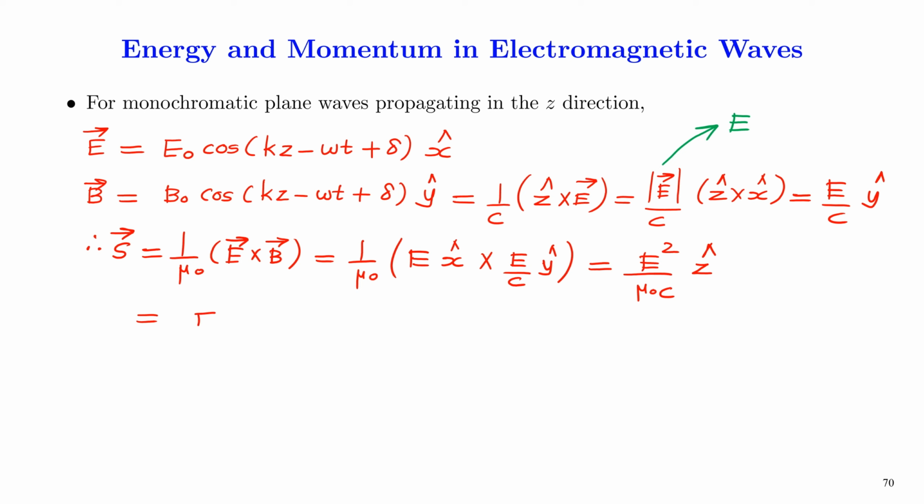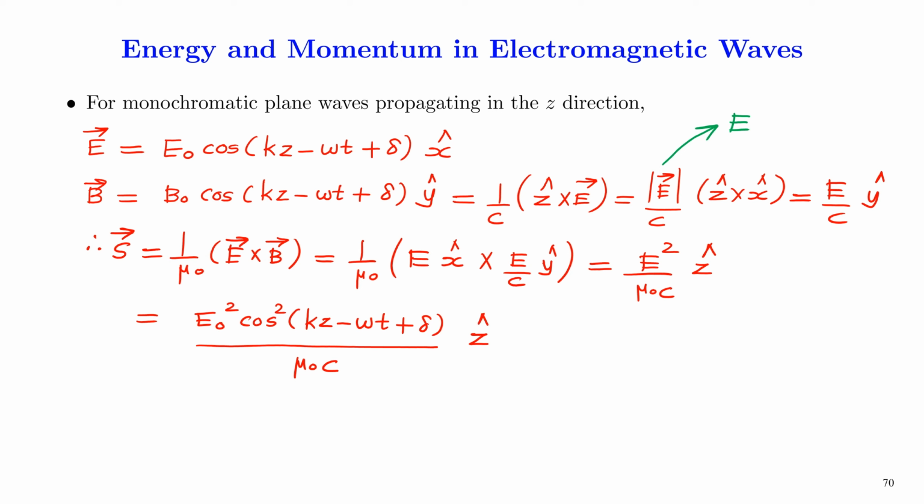This is equal to E0 square cos square (kz minus omega t plus delta) over mu 0 c along z hat.